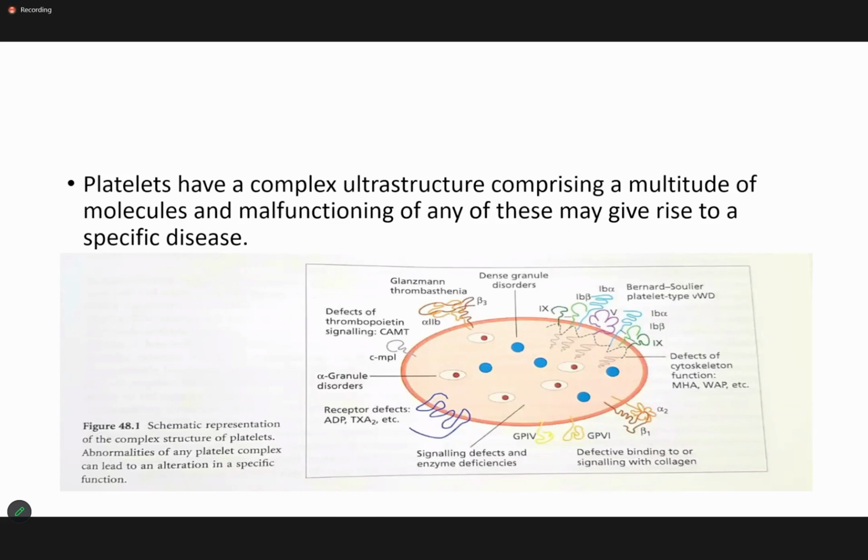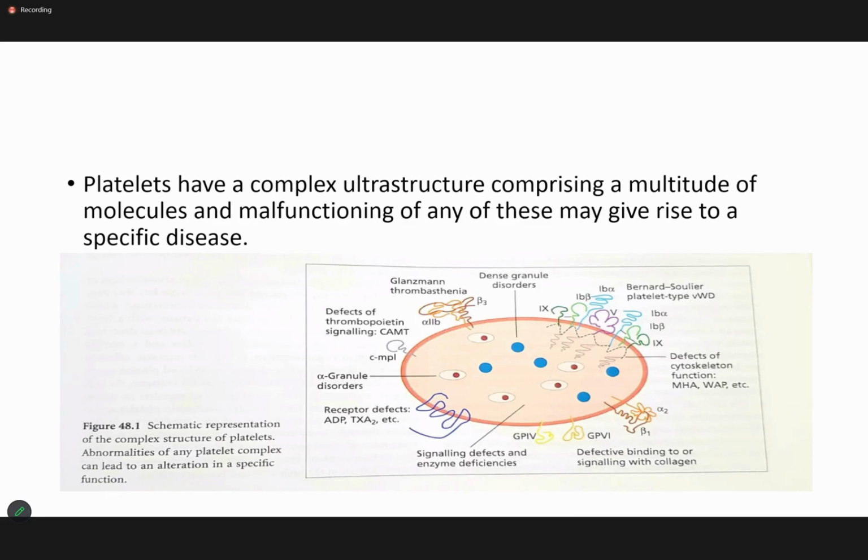Platelets have a complex structure comprising a multitude of molecules and proteins, and any malfunctioning of these glycoproteins or proteins can give rise to a specific disease. For example, when you have an abnormality of glycoprotein 2B3A, you will have Glanzmann thrombasthenia.